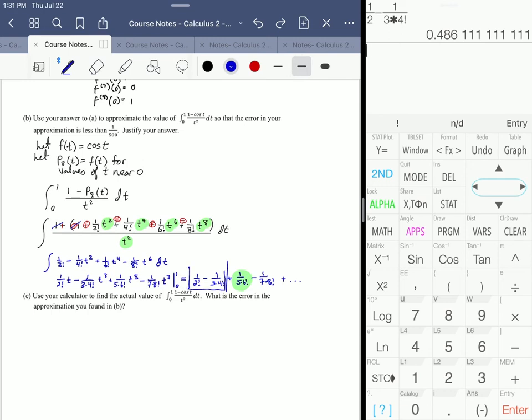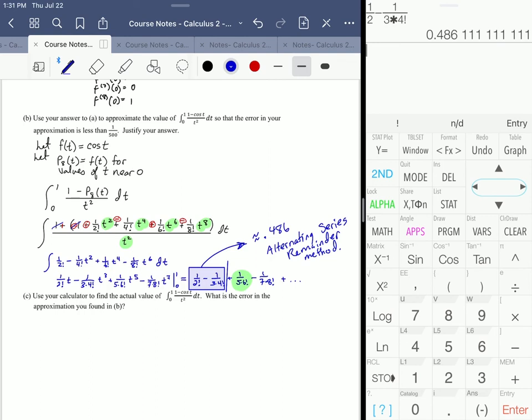Oop, hit the eraser. I meant the marker. This will get us our approximation. All right. So approximately 0.486. And this is the alternating series remainder. It's not really a test, it's more like a method or approach.